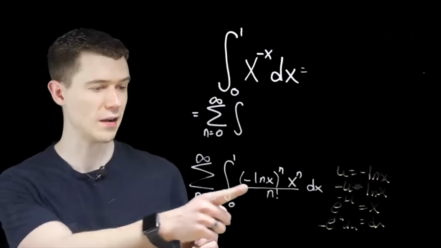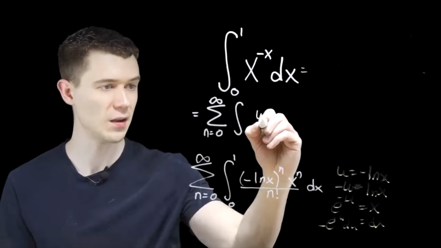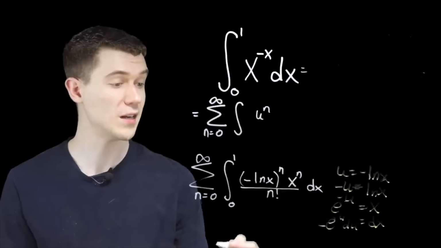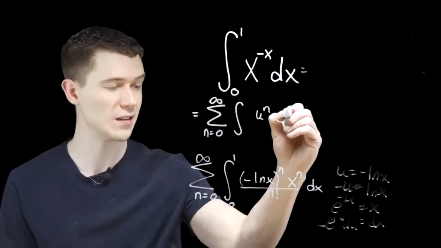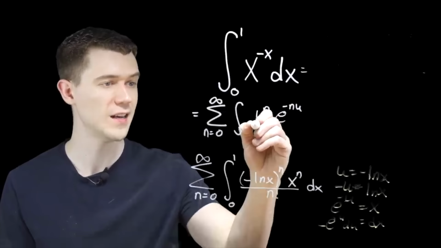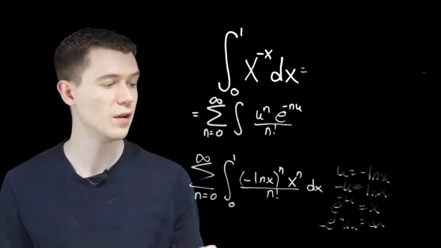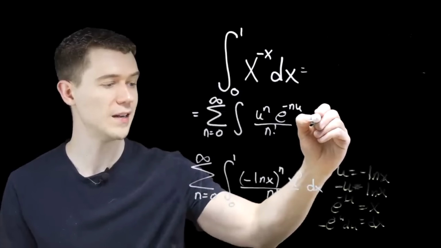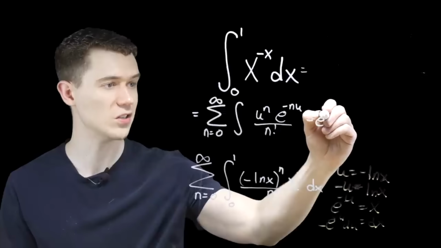Minus ln of x becomes u. X to the n will be e to the minus u to the n, so this will be e to the minus nu using properties of exponents, still over n factorial. We also have dx, which we know to be minus e to the minus u du.